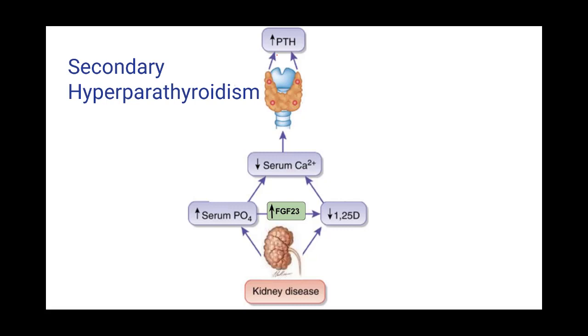It is called secondary because the release of parathyroid hormone is secondary to a low serum calcium level that was generated by these two pathways, the high phosphorus in the blood and the low calcitriol levels.